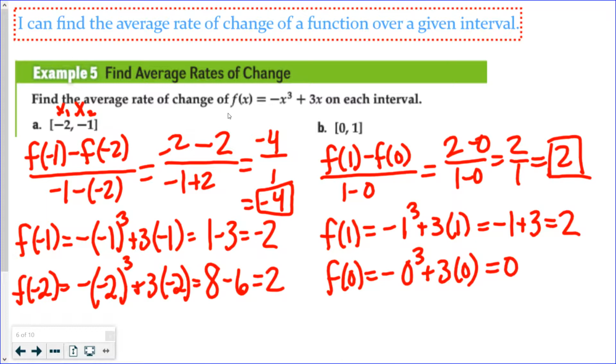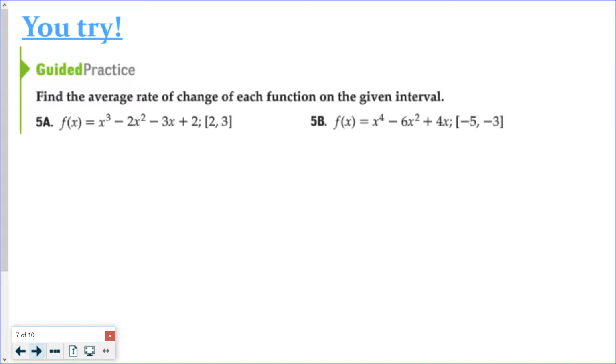So let's practice 2 more problems. I'm going to do 5a by hand. And 5b we'll put into the calculator.